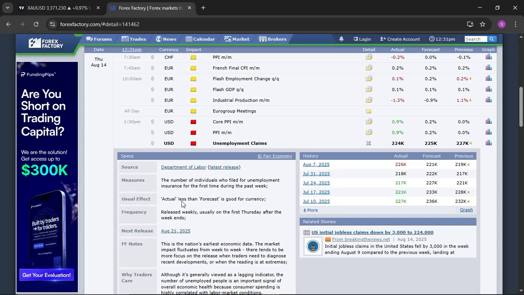If the actual comes out less than forecast, it's good for currency, but the actual comes out greater than forecast, that is, the economy is bad. If the economy is bad, we'll still buy gold.